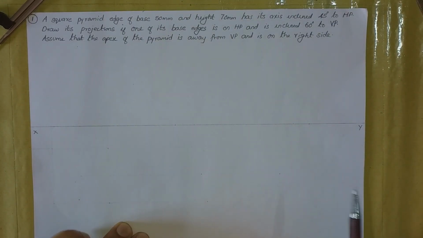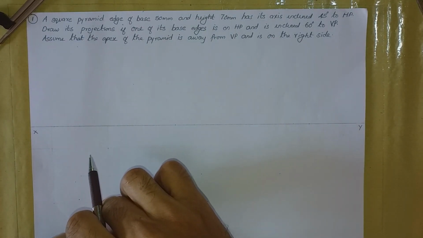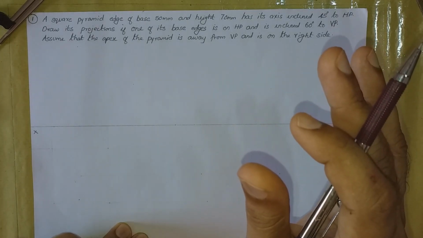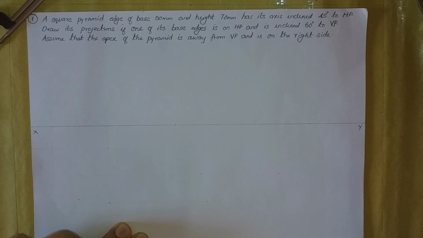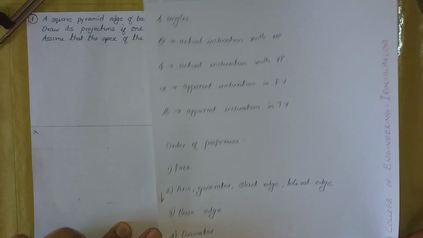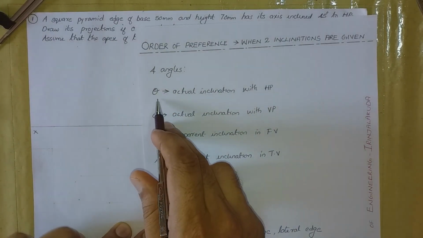Then the next decision that is to be made is where to draw the base shape. Is it in the front view or in the top view? Okay, so in order to make this decision, we have to again come to the order of preference. If we are applying theta first, then the base shape will be in the top view.